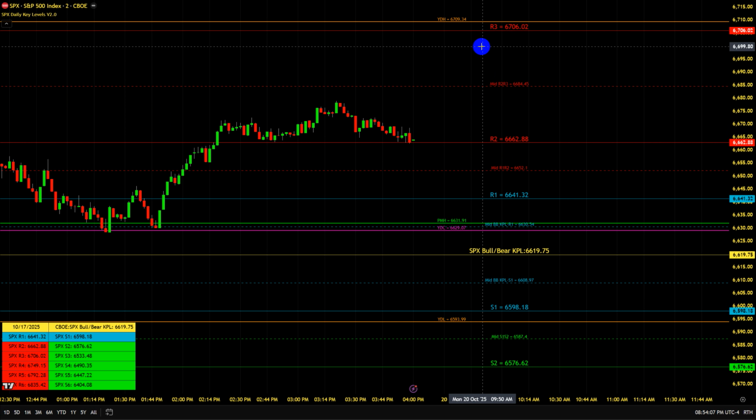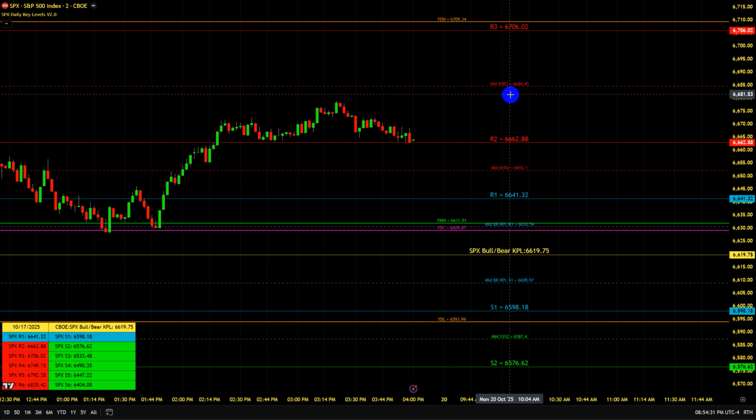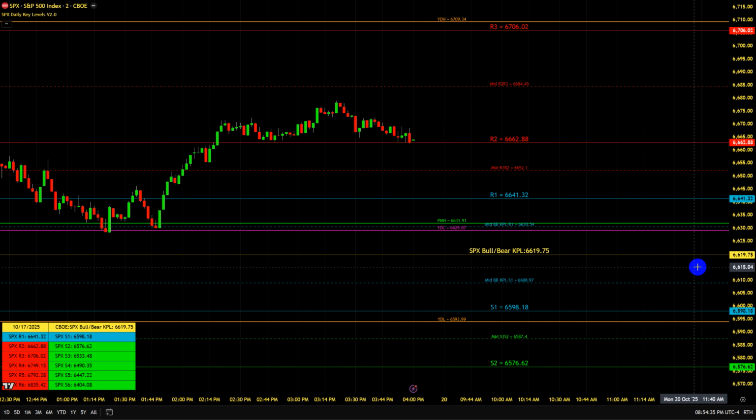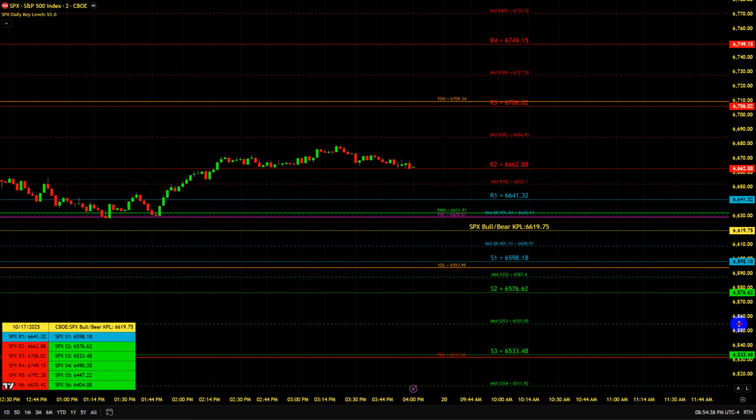So once you start getting further out, you just have to keep in mind that if you're going to go one full level out, that is going to still be pretty far away. So once you start getting up to this particular level, say if you were taking a bullish trade off of R2, then you really just want to look at just the midpoint level. And the same thing here below.